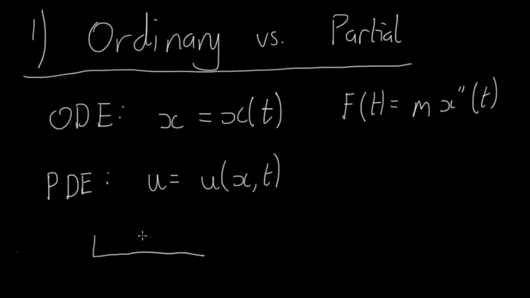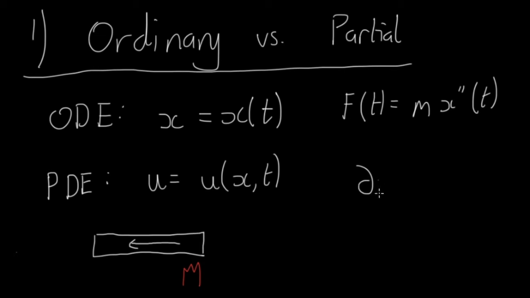So an example of this might be a heated rod. Suppose we were heating a rod at one end. This side would be much hotter initially, and the heat would spread down the rod. And so at any given position, the temperature will be different, and at any given time, the temperature would be different. So a differential equation in temperature would be a partial differential equation.